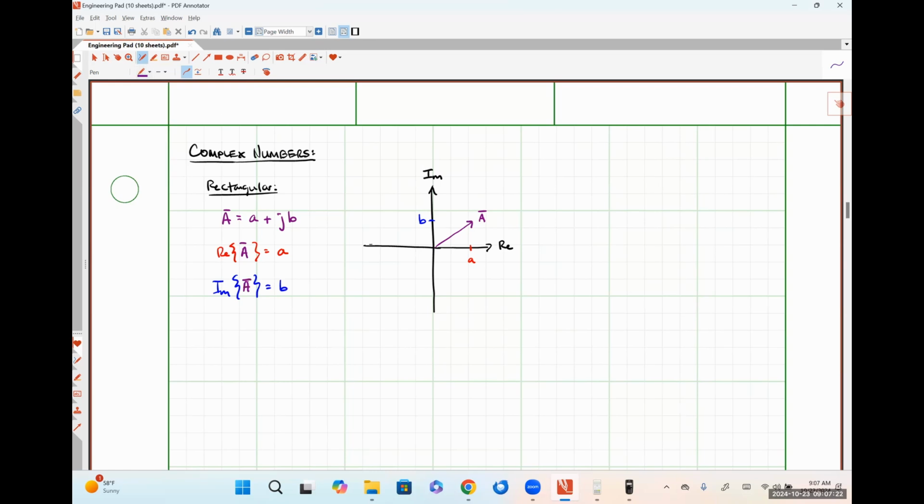So you can think about this just like simple two-dimensional vectors, right? You've got a real dimension vector and an imaginary direction vector, okay? So rectangular form is very, very simple, okay?